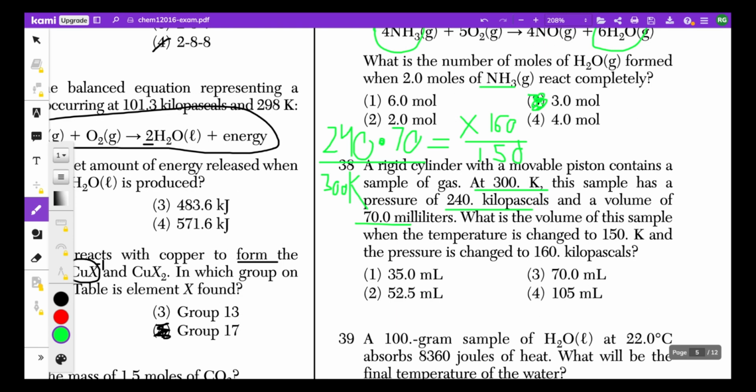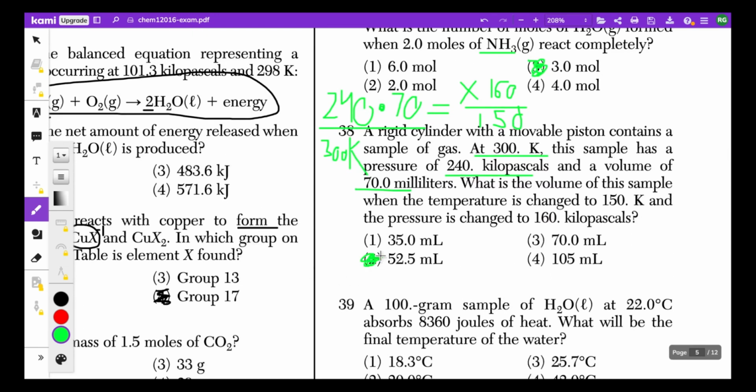I'm just gonna get my calculator out real quick. Okay, 70. And you're gonna get 52.5 milliliters.